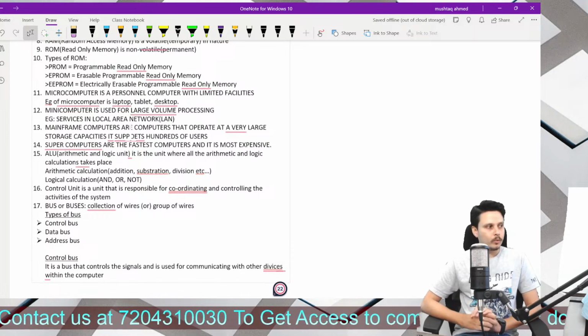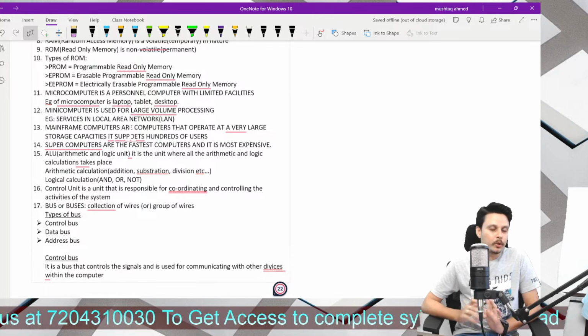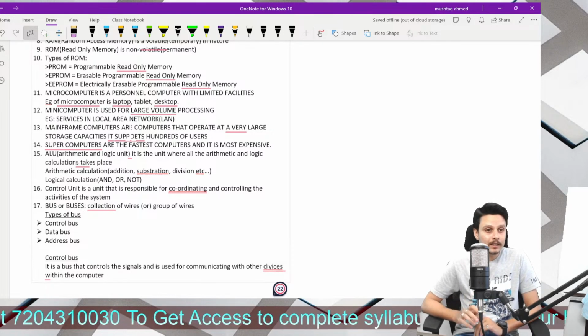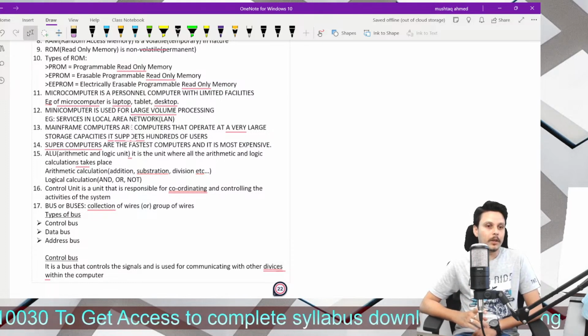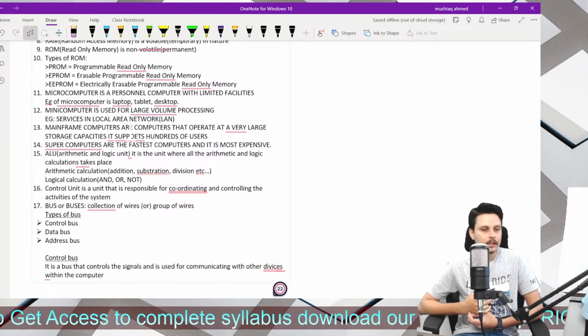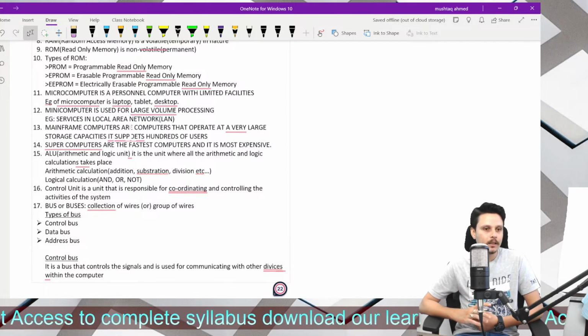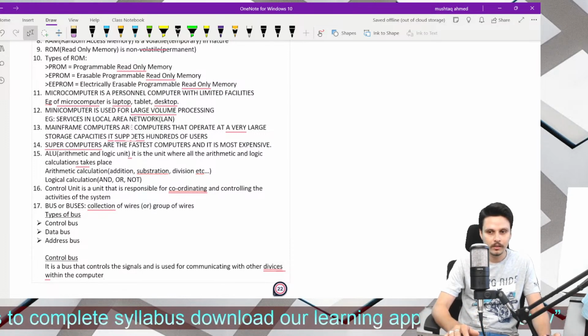So control bus, what does it do? It controls the signals and it is used for communicating with other devices, but that device should be within the computer, not outside the computer.